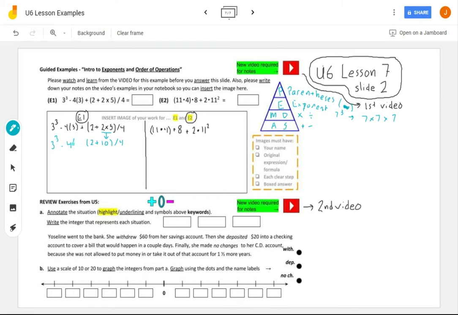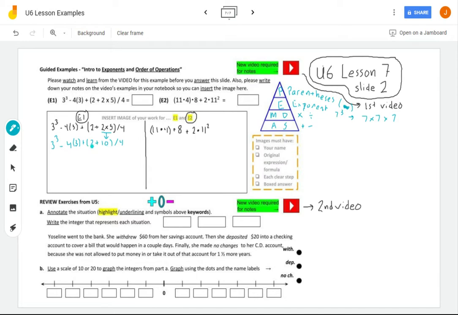Minus 4 groups of 3, and then the plus sign. Now, an alternative you could do is you could rewrite this expression off to the side, work with it, and then bring it back as the final answer. But if you don't do that, then you need to make sure that you go each step of the way.